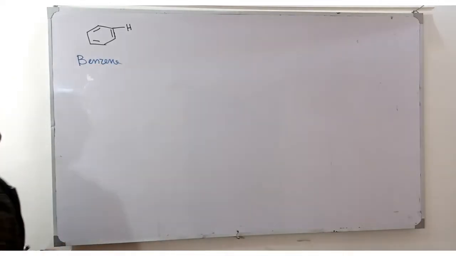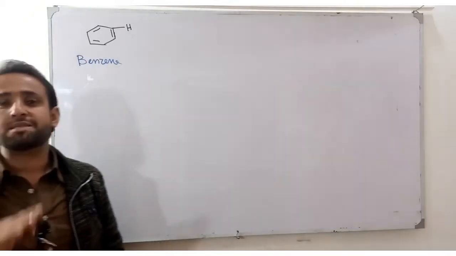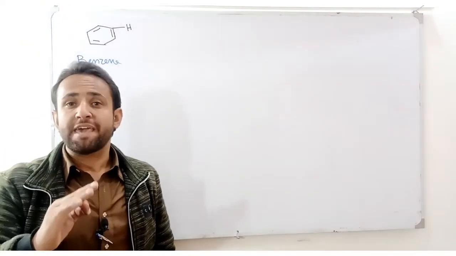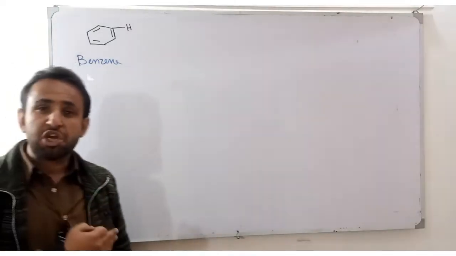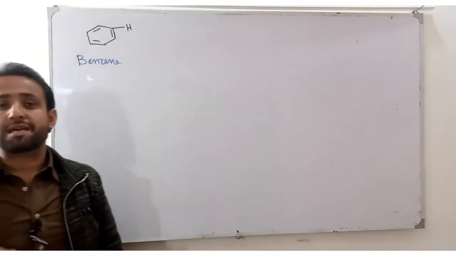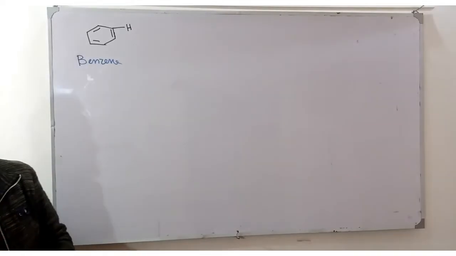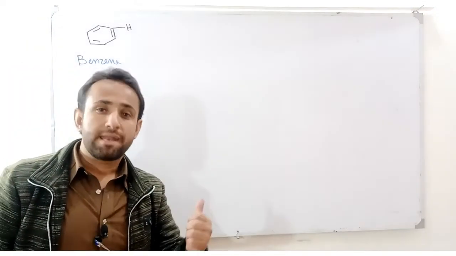With this benzene molecule I will react a compound which contains a nitro group. The compound which contains a nitro group is known as nitrating agent. In the nitration, generally we use a common nitrating agent which is concentrated nitric acid. So concentrated nitric acid is our nitrating agent in case of nitration.